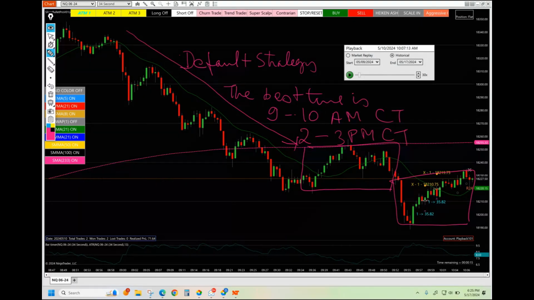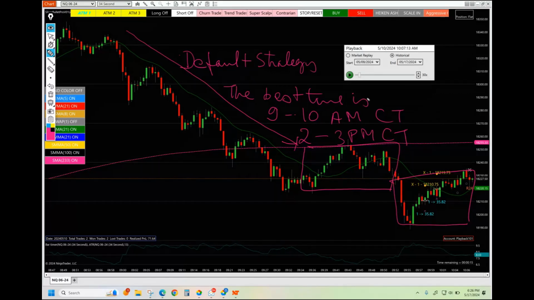These are the ideal time slots. It's not perfect, but out of 5 days in a week, 3 to 4 days you get good results during this window. One day could be choppy.